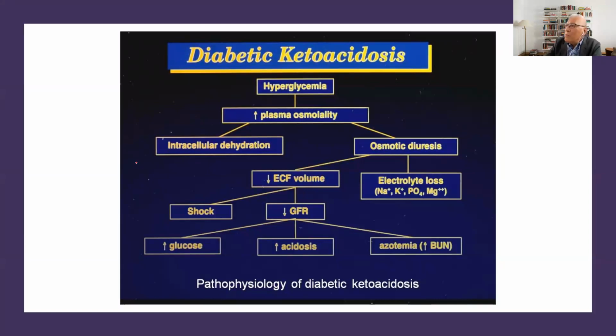All right, so going back to the pathophysiology of diabetic ketoacidosis, as you see, there's going to be hyperglycemia, and there's going to be an increase in plasma osmolarity or osmolality. So if you remember, osmosis is the movement of water from a lesser concentration to a greater concentration.